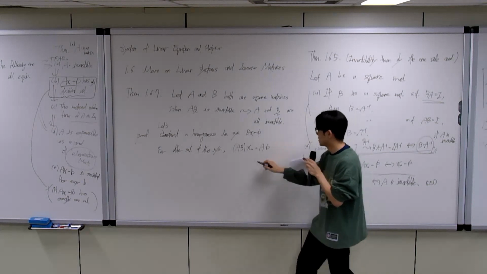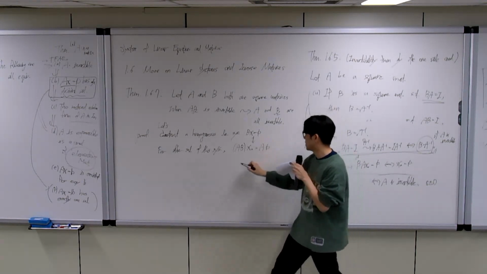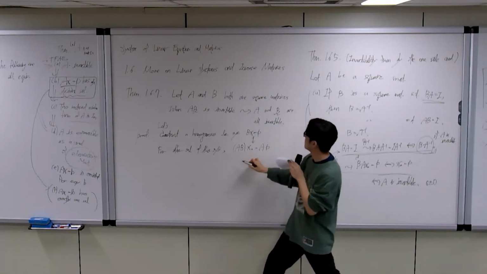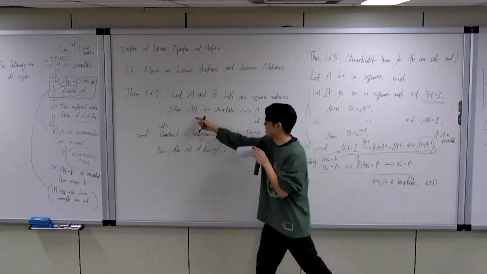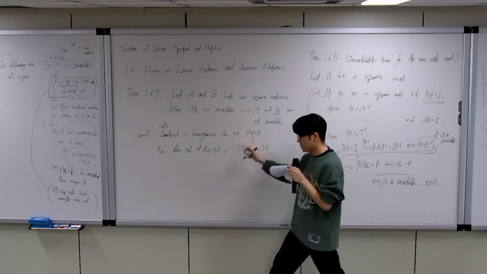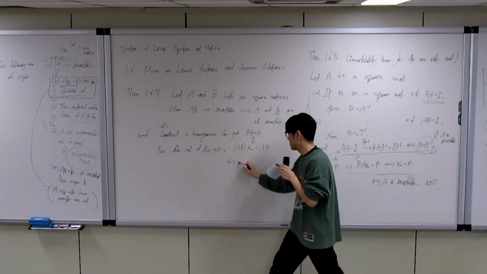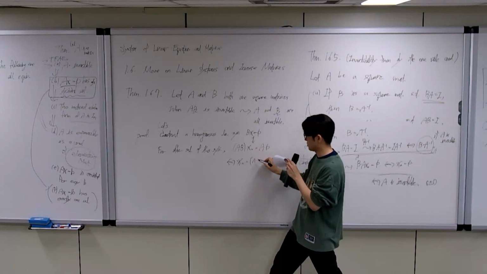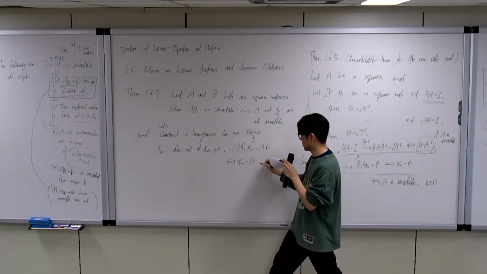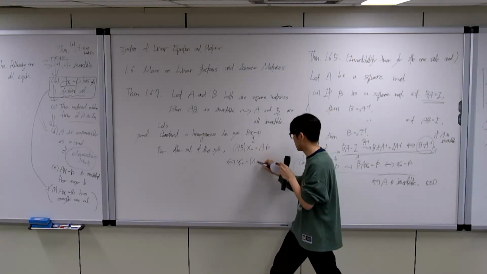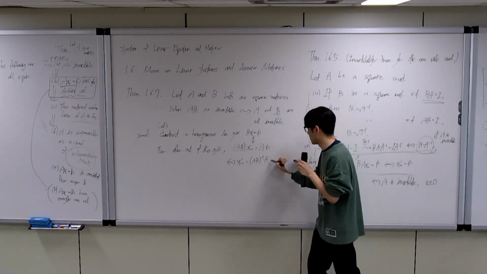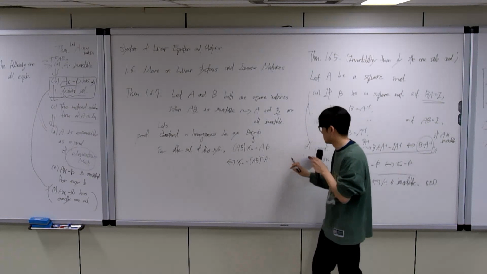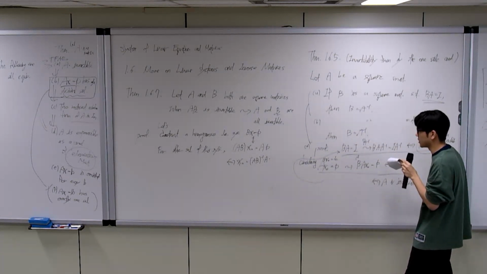We know that AB is invertible. I made a mistake in explaining. Wait.